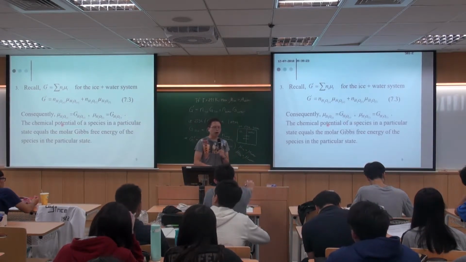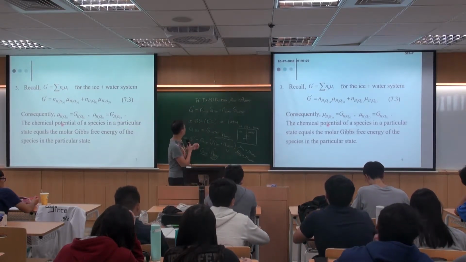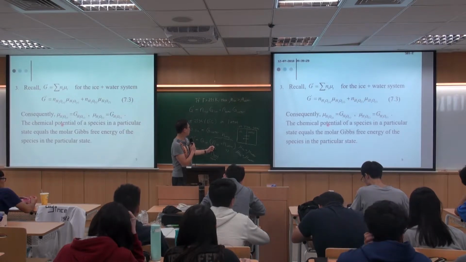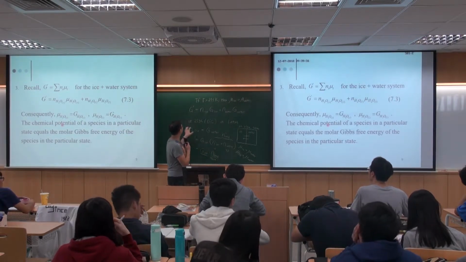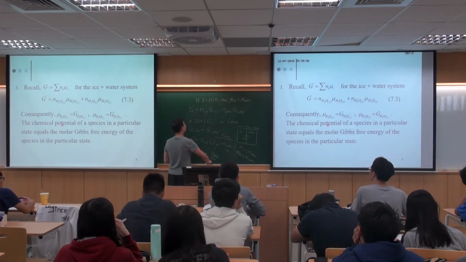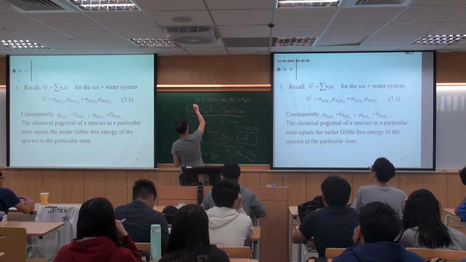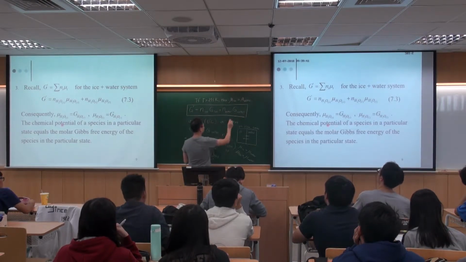So again, recall that the total Gibbs free energy is the sum of the ice and the water. Sorry, I think I erased that. Oh, maybe it's over here. So recall that we have this kind of expression of the total Gibbs free energy.